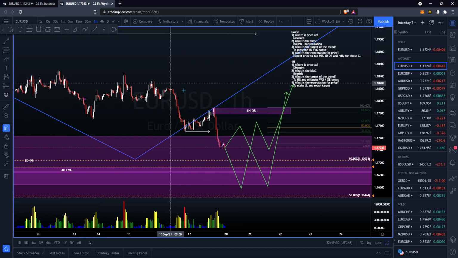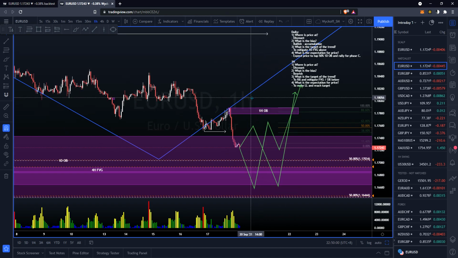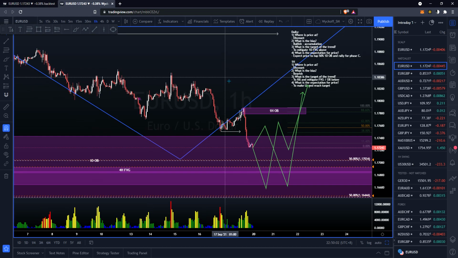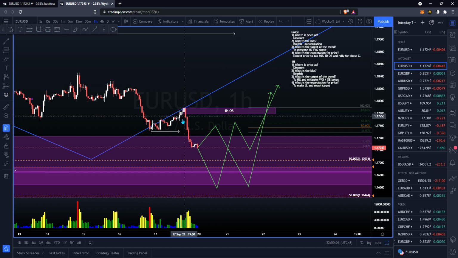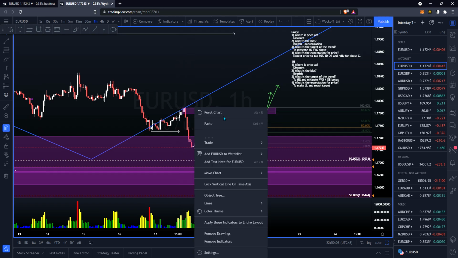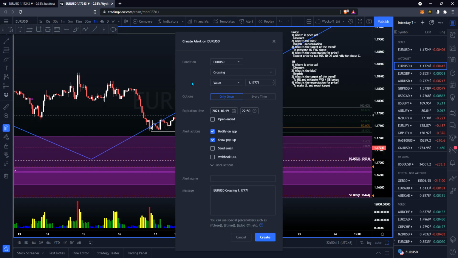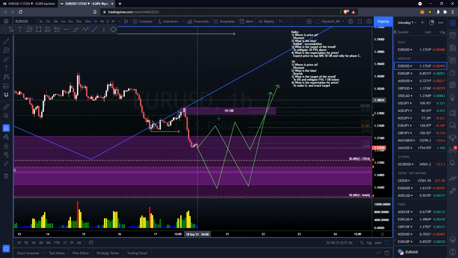So we might see price coming up to mitigate this 1 hour order block before pushing down. But my high time frame bias is bullish, so I'll see what price does when it comes here.